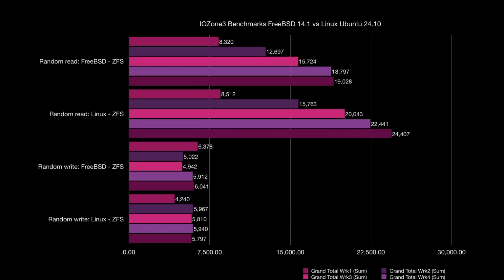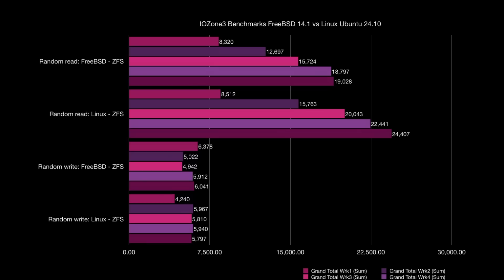Now ZFS has this little game it plays with random I/O, because it wants to block a whole bunch of them up and then fire them all at once to the drive. And the same with the writes. On the writes, FreeBSD, I would say on the first concurrent user is faster than Linux.